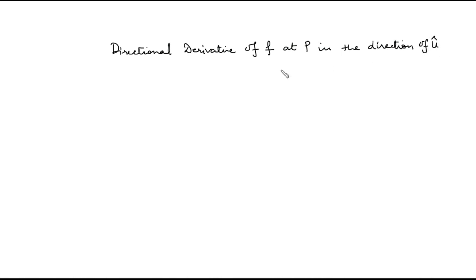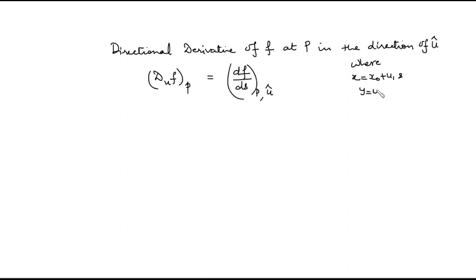Now just see another formula for the directional derivative. The directional derivative of the function at any point P in the direction of u cap is denoted by this, given by df by ds at a point P in a direction of u, where your x coordinate is x0 plus u1 s, y coordinate is y0 plus u2 s, u cap is u1 i plus u2 j, and p is x0 comma y0.